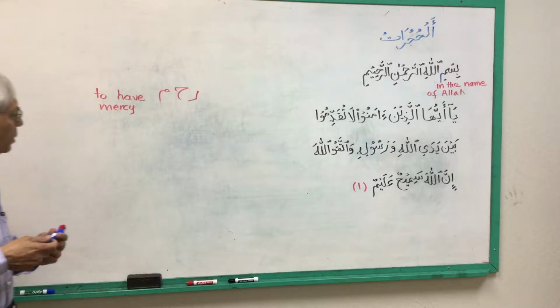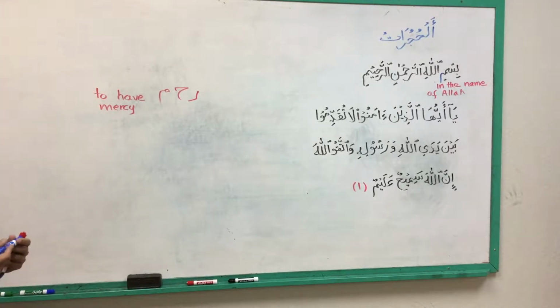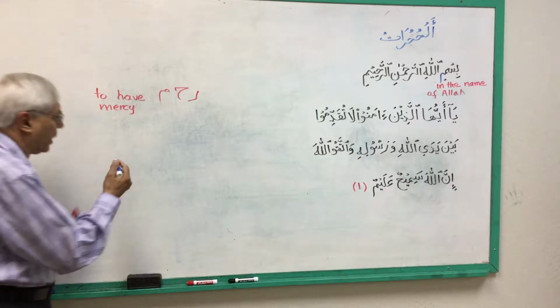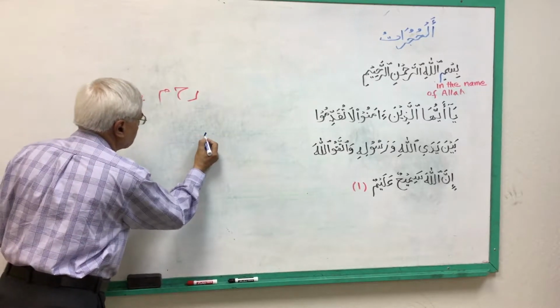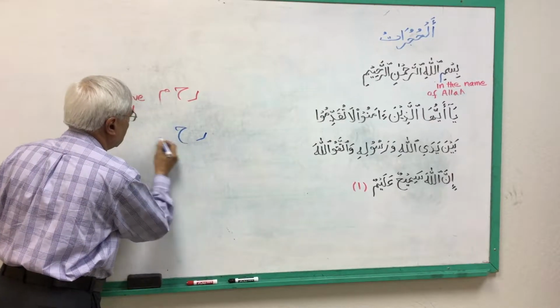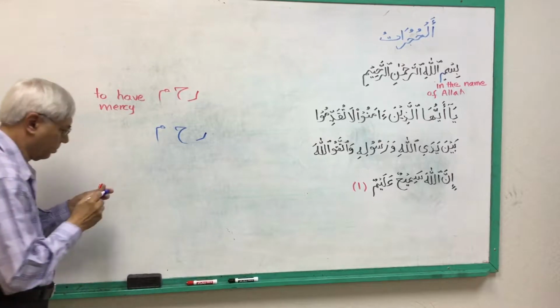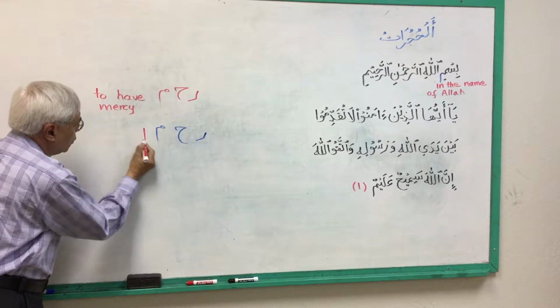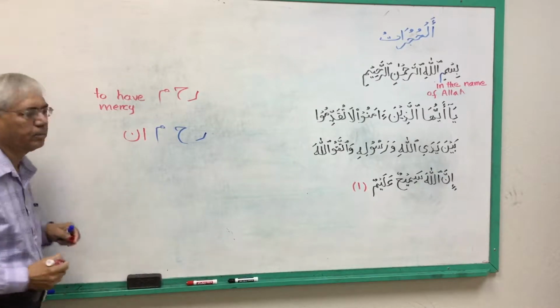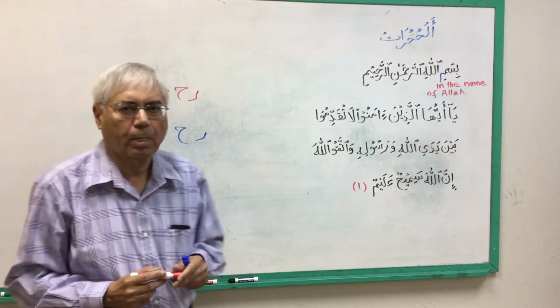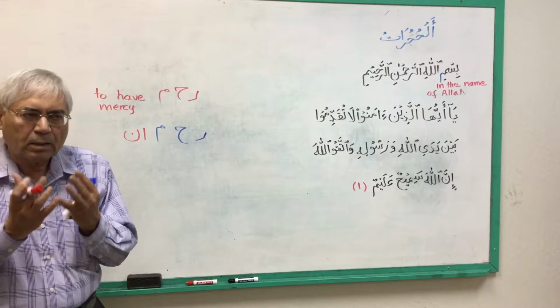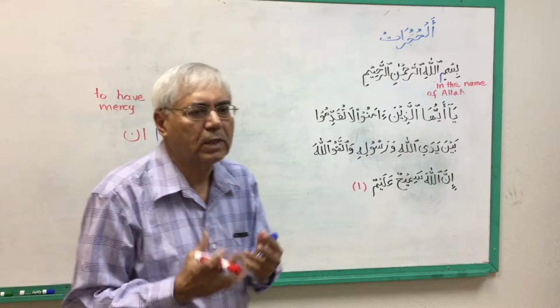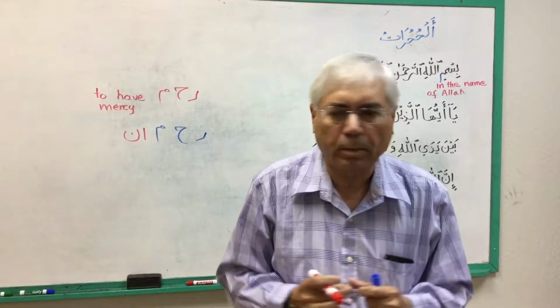Okay. So let's look at the first word. I take these three letters, Ra, Ha, and Mim, and I put two letters after that, and I'll explain what these two letters actually do, Alif and Noon.